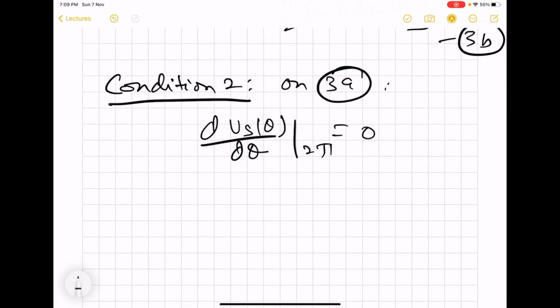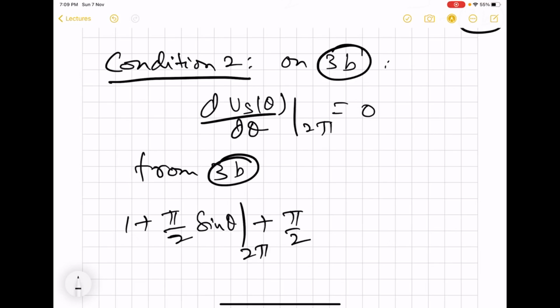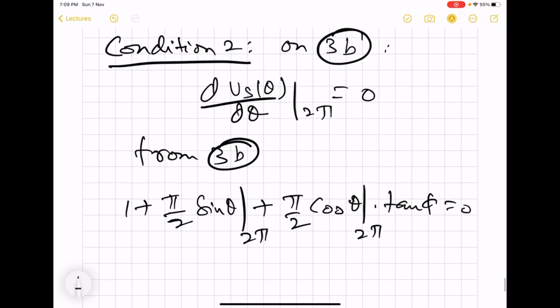So this from 3a, or in fact 3b, will give rise to 1 plus pi by 2 sine theta evaluated at 2 pi plus pi by 2 cos theta evaluated at 2 pi into tan phi is equal to 0.